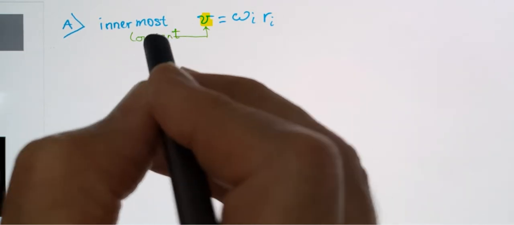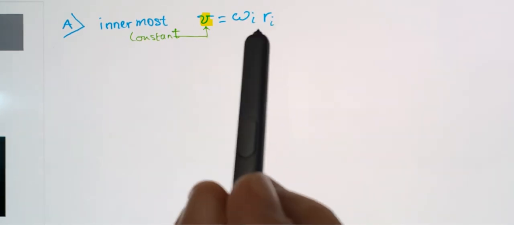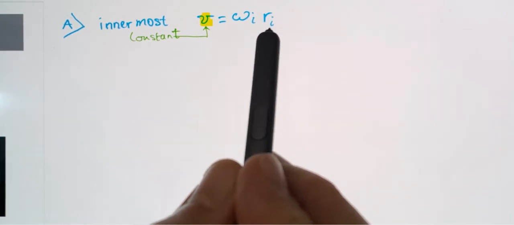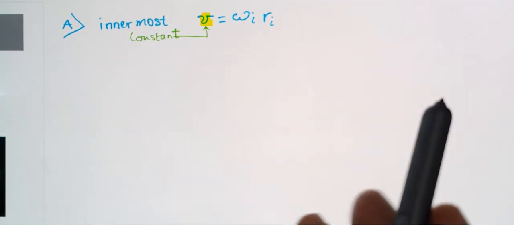It has to stay constant because the electronics that translate the binary information into music or sound or video or whatever must always be constant. So as a result, omega I has to change based on the radius where we are going to read the information.